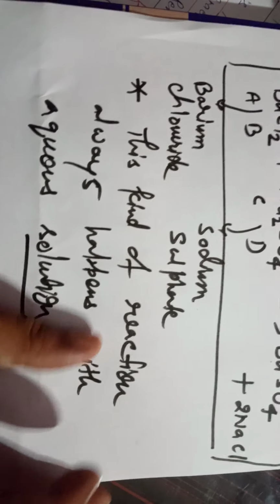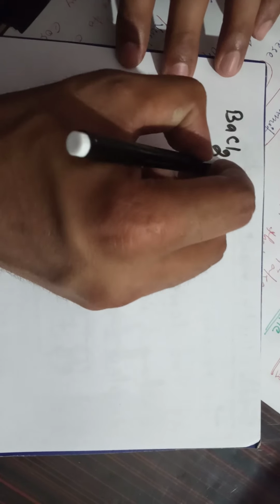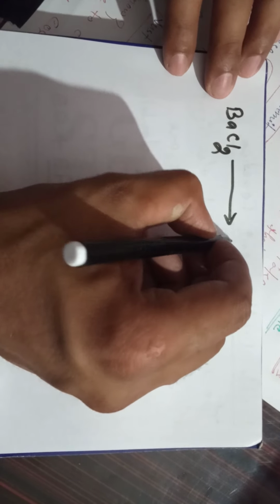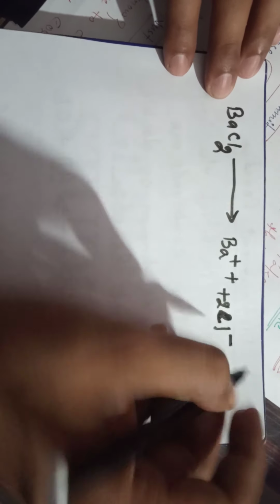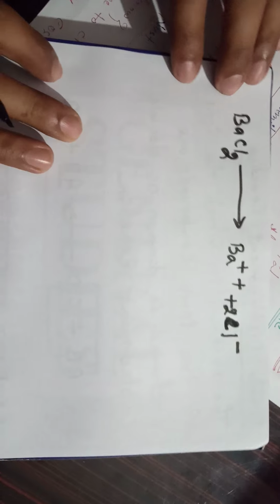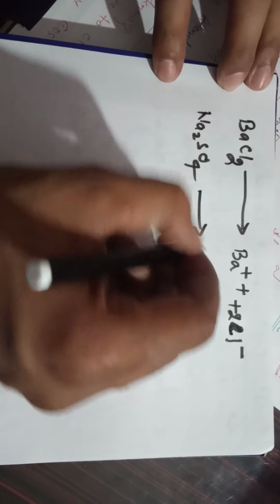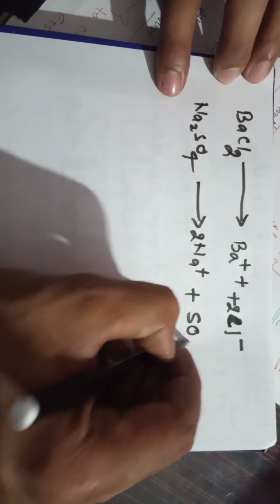I'm going to go deeper into this. Firstly, when barium chloride is mixed with water, it breaks into ions: Ba with 2 plus, and Cl with 1 minus, so 2Cl. Na2SO4 breaks like that: 2Na with plus, and SO4 with 2 minus.